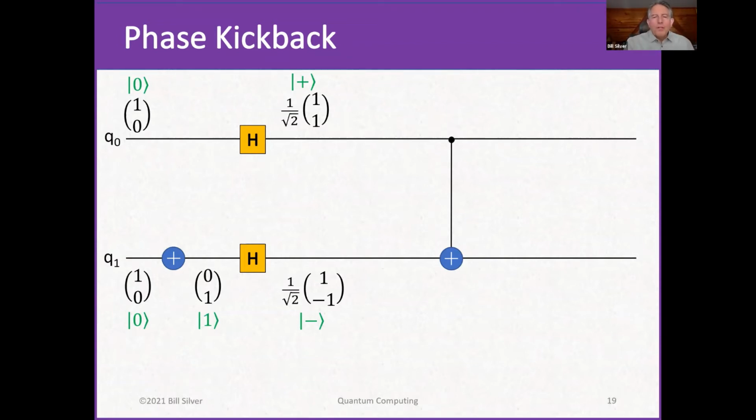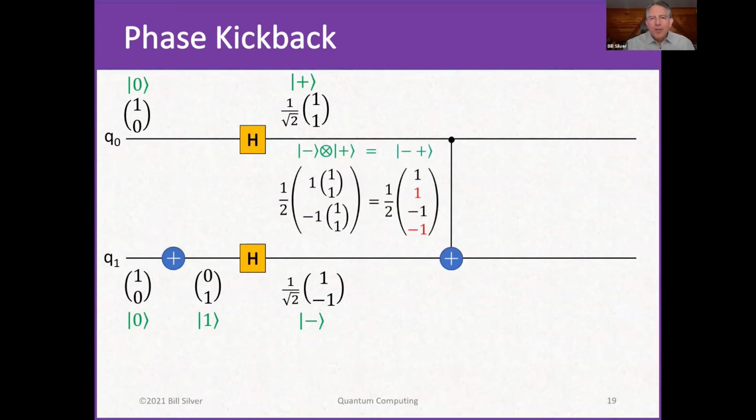Let's figure out what these things look like using our tensor product. All right, since they're independent, we can do that little tensor product thing, and here's what we get. We get something that can be written shorthand as the minus plus state.